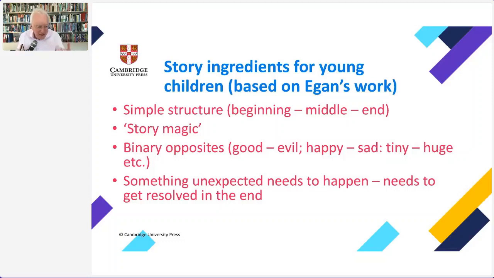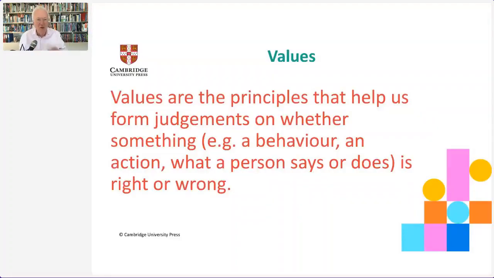And this is the beauty of such stories, okay? Yes. Flash, Thunder, Whisper, and Misty, okay? And then something unexpected needs to happen, and that's the problem, and it needs to be resolved in the end, okay? So that's the structure of good stories for children.